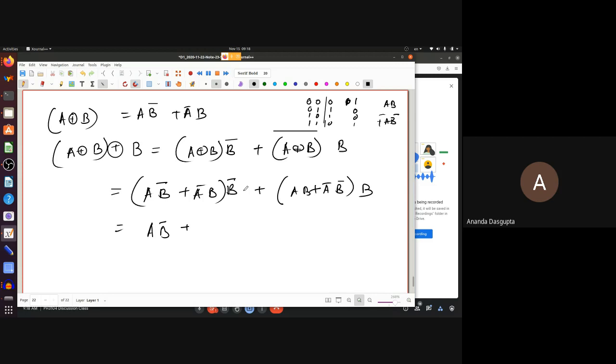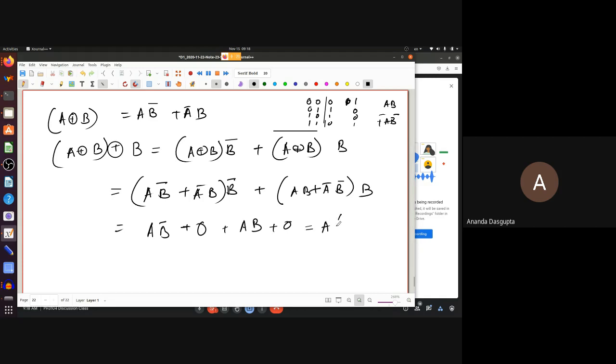You cannot have B and not B high at the same time. So this is A bar times 0, which is, of course, 0, meaning false. Then ABB is just AB. A bar B is 0 for the same reason. And ORing with 0, A OR 0 is always A. So you can ignore these zeros.